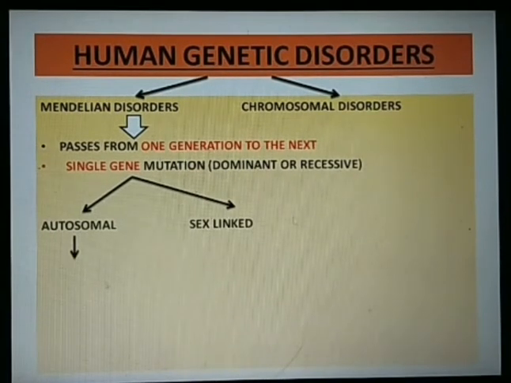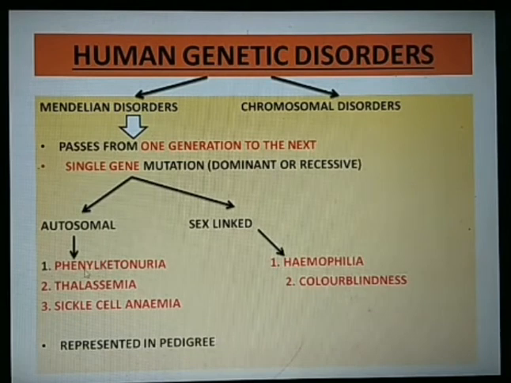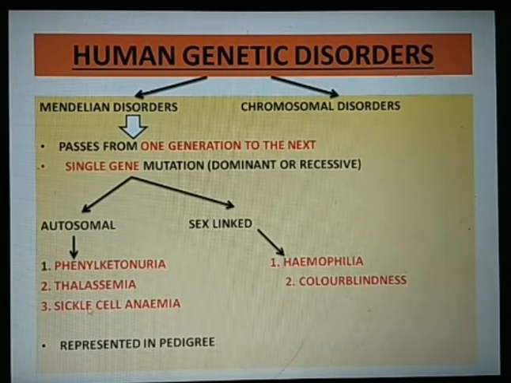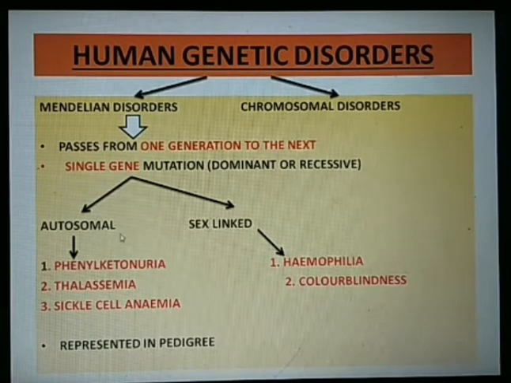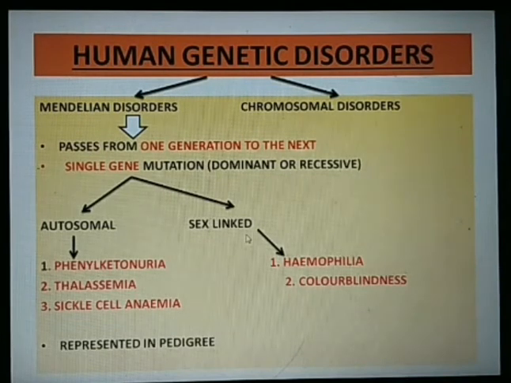Accordingly, various disorders are seen in the human population, namely Phenylketonuria, Thalassemia and sickle cell anemia, which come under autosomal linked genetic disorders, and hemophilia and color blindness, which come under sex linked genetic disorders.